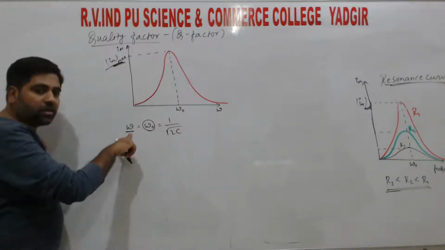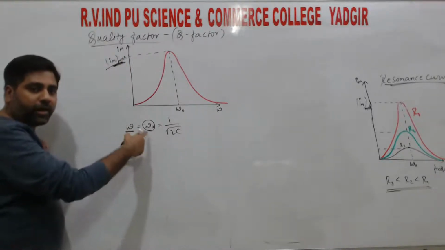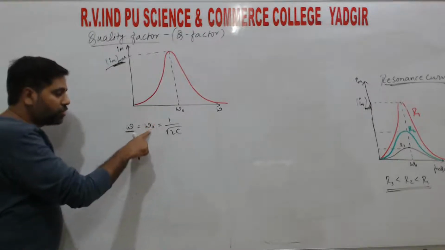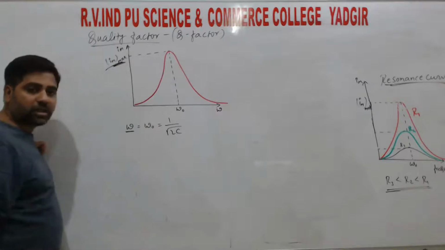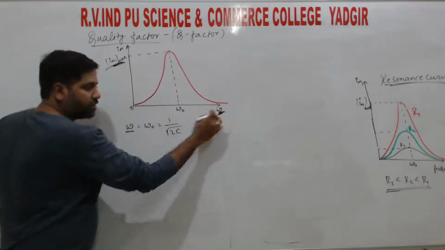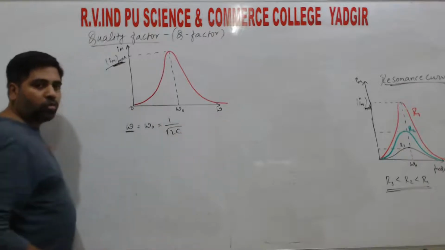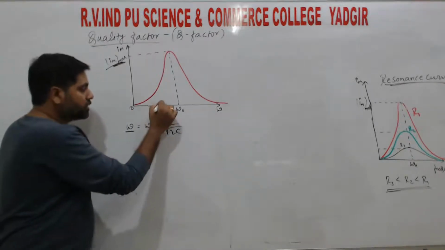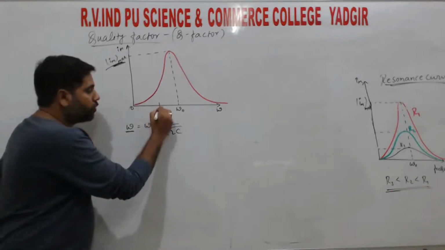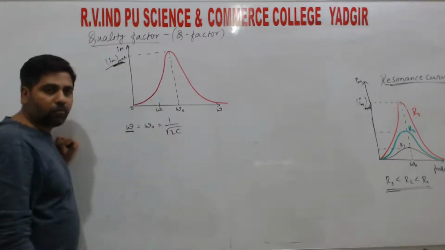So if we send the input voltage with a different frequency, that is not the omega naught, that is the resonant frequency, right? For example, here along the x-axis we take from 0 to omega, right? So for example, somewhere here I am sending a frequency of the value omega 1, right?